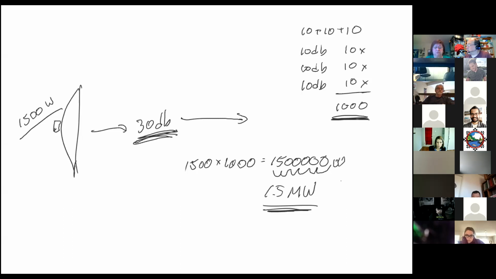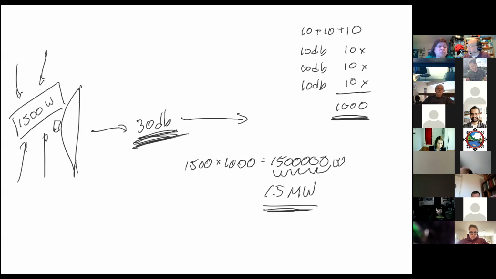Well, we don't know as a ham, because the license covers 1,500 watts with whatever antenna you want to use. We don't know if you're using a handheld radio at 100 milliwatts or a 1,500 watt amplifier, because the license is exactly the same, with an antenna that has 30 dB of gain with an effective forward power of 1.5 megawatts.